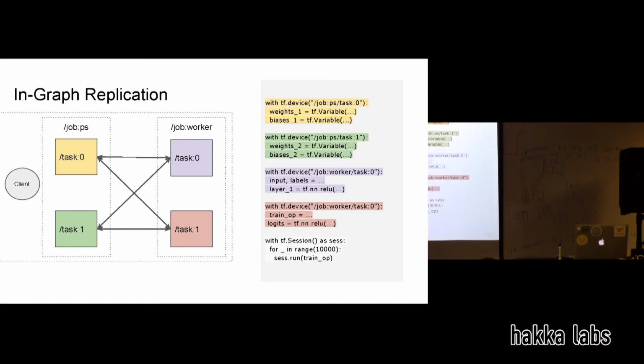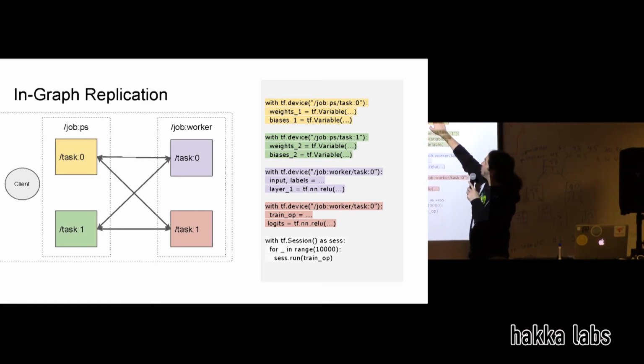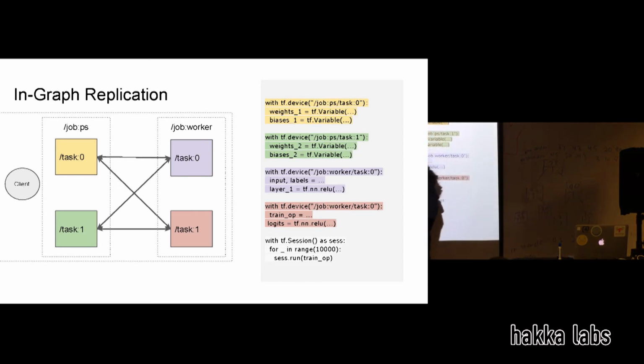We have a job, parameter server, with two tasks, task 0 and task 1, and we have one job that is worker, and we have two tasks. With this syntax, tf.device /job:ps/task:0, we are saying that these weights and these biases will be handled on this node. Okay, so every update will be sent to this node.